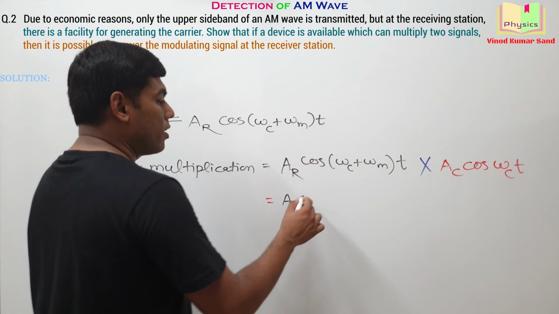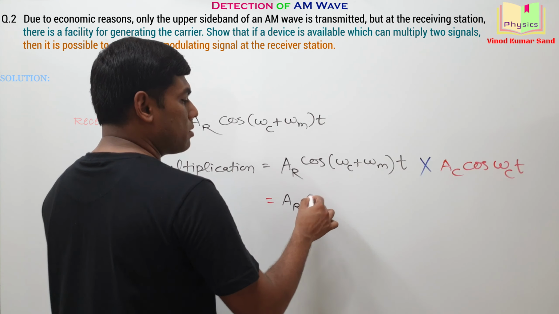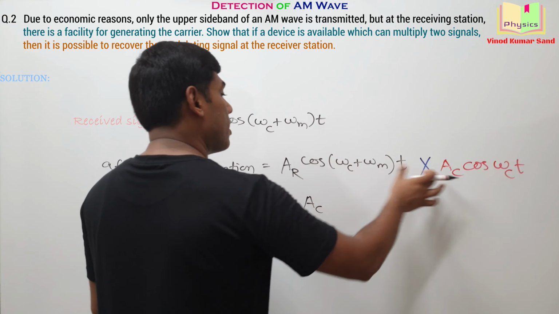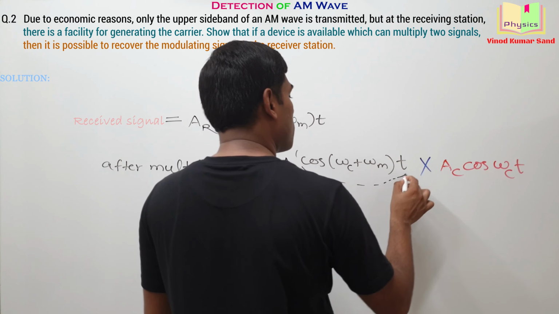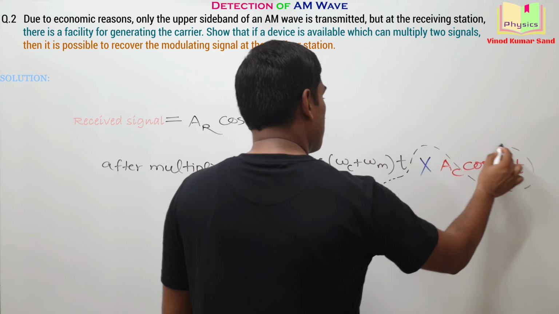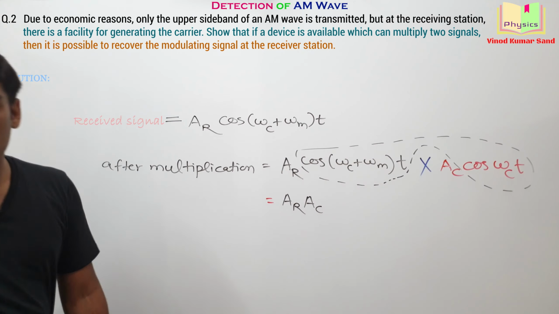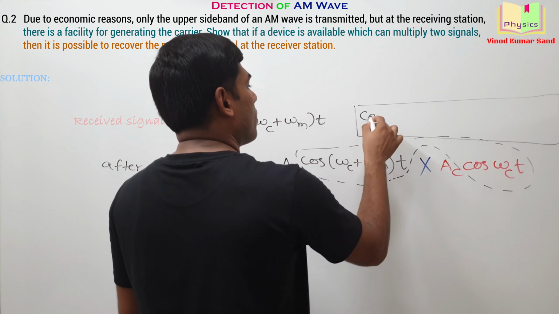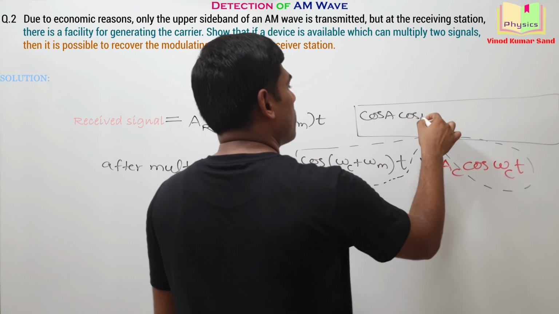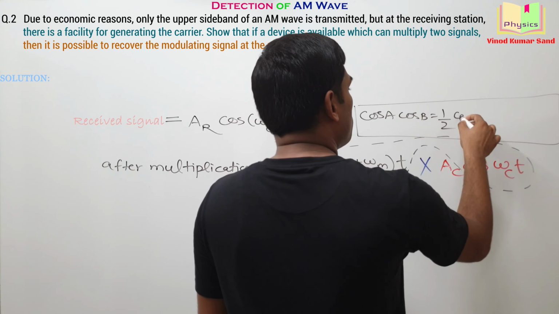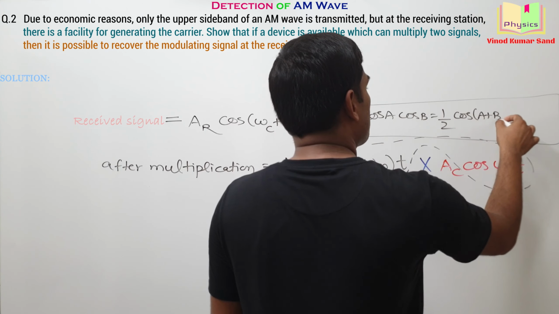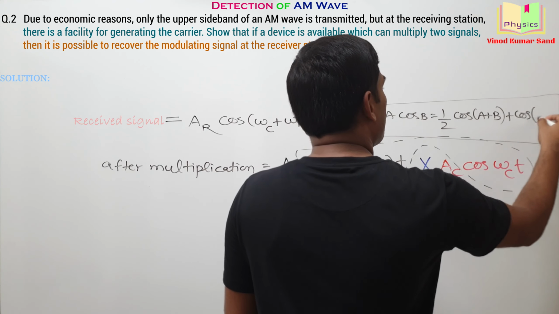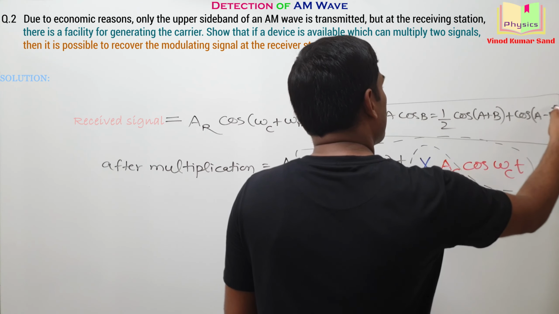AR, AC has been taken here. This is the format cos A cos B. Do you remember any formula for cos A cos B? It is equal to 1 by 2 times cos of (A plus B) plus cos of (A minus B).